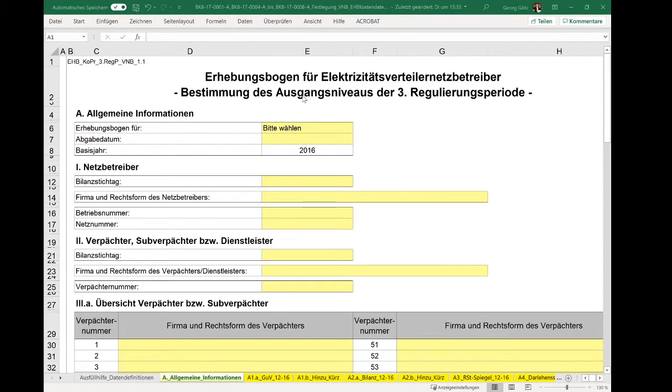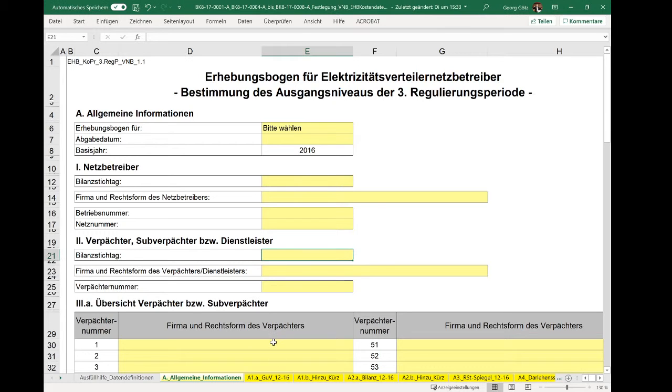This is the form German municipal electricity distribution network operators have to fill in. And what you see here is, first of all, that they have to fill in their names and so on.